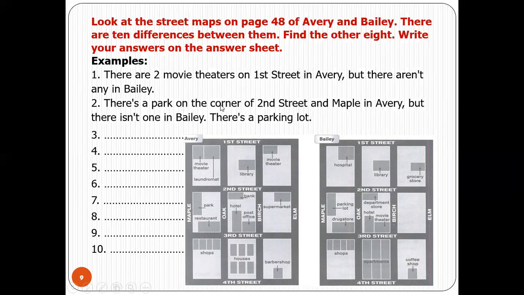There's a park on the corner of 2nd Street and Maple in Avery. You can see here 2nd Street, Maple in Avery. So at the corner. So there is a park on the corner of 2nd Street and Maple in Avery, but there isn't one in the Ballet block.